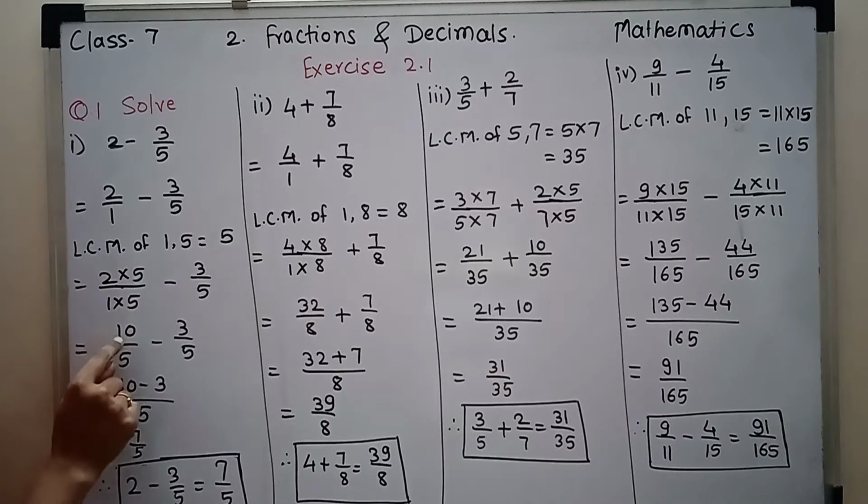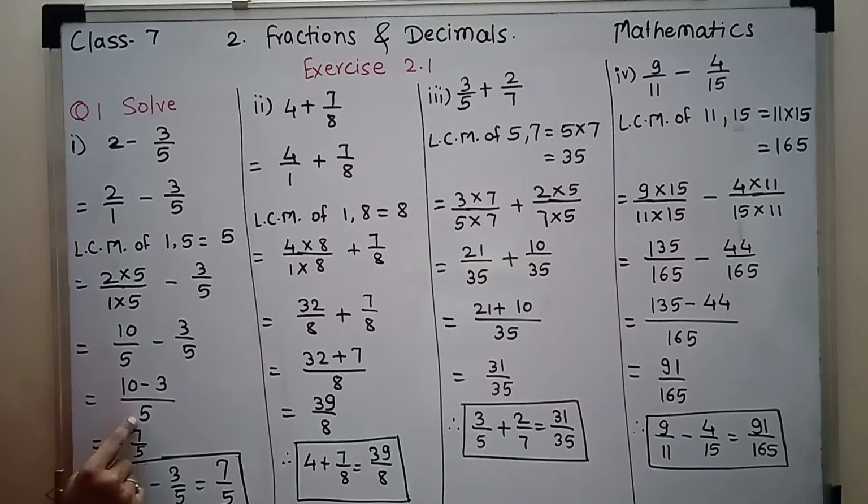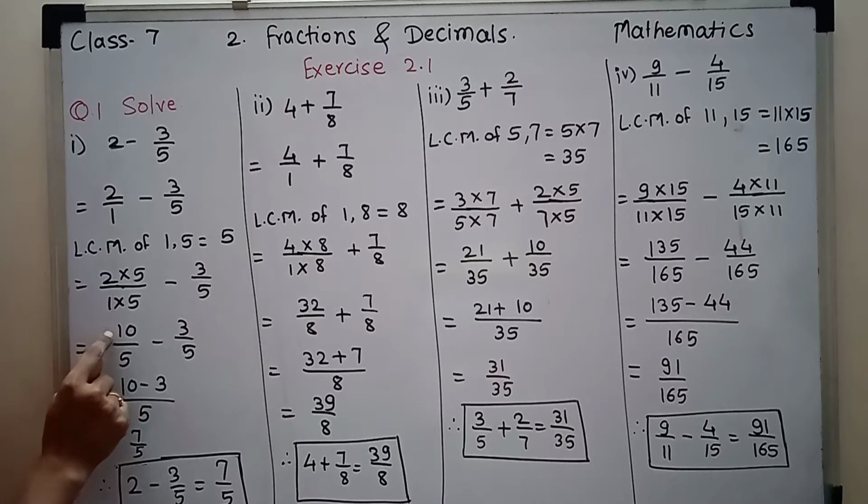So, 2 into 5 is 10, 1 into 5 is 5, minus 3 upon 5. Now you can observe that both fractions have the same denominator, that is 5. So we can write it over a common denominator. In the numerator, what do we have? 10 minus 3. 10 minus 3 is 7 upon 5.